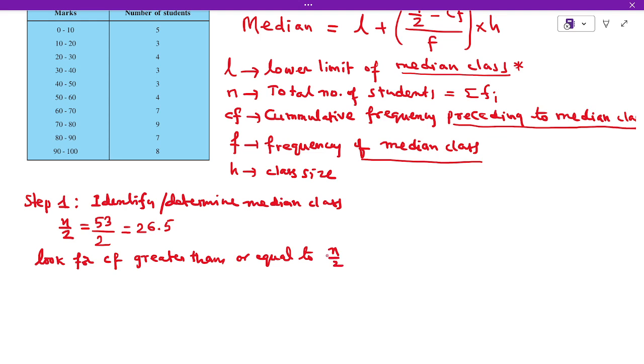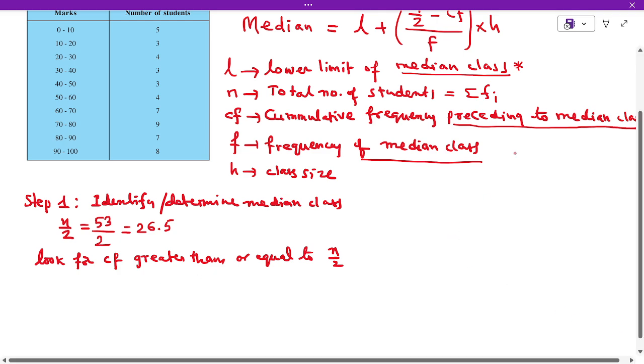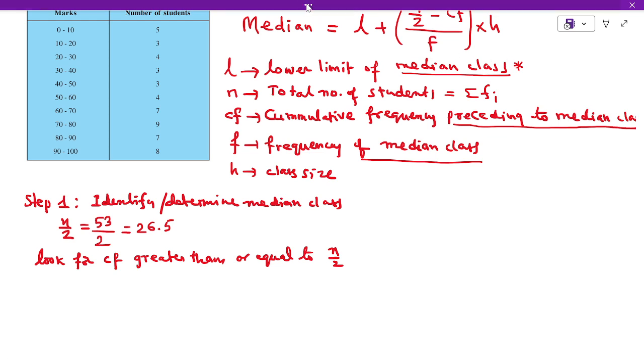That is the corresponding median class. Let me show you. Let me draw the table so that it will be easy for us to find. We need 3 columns.